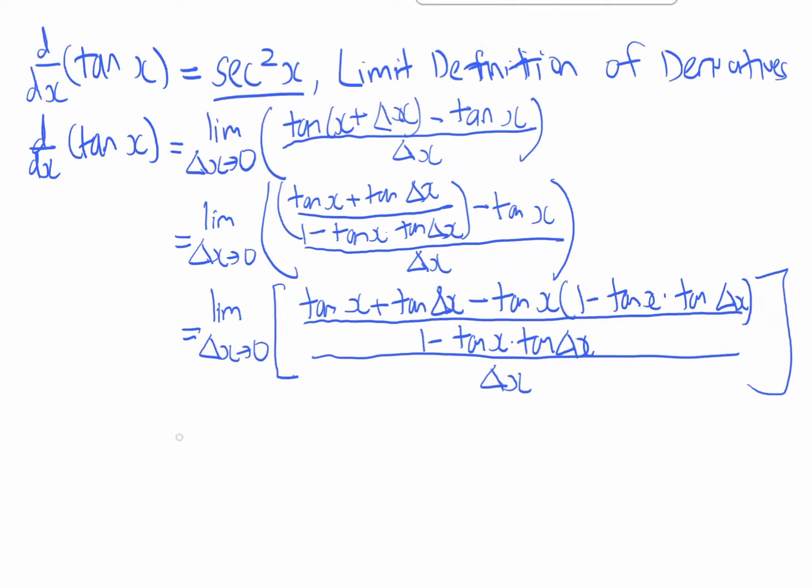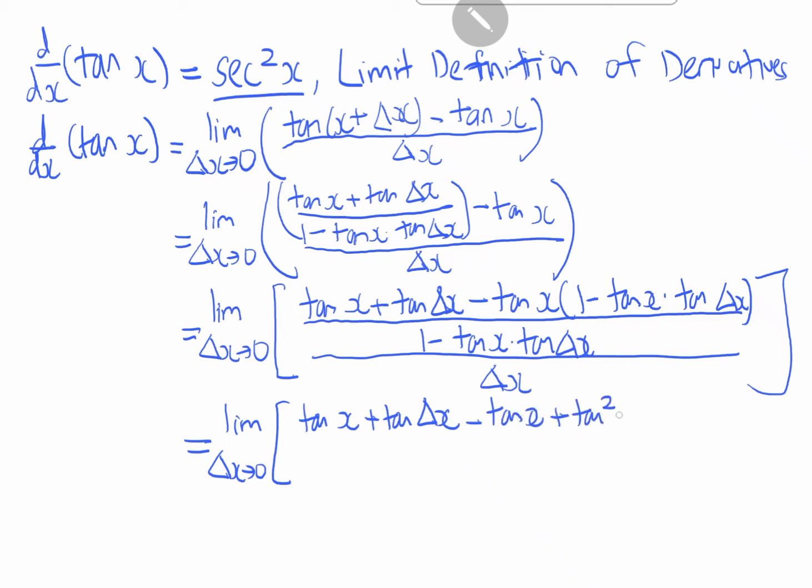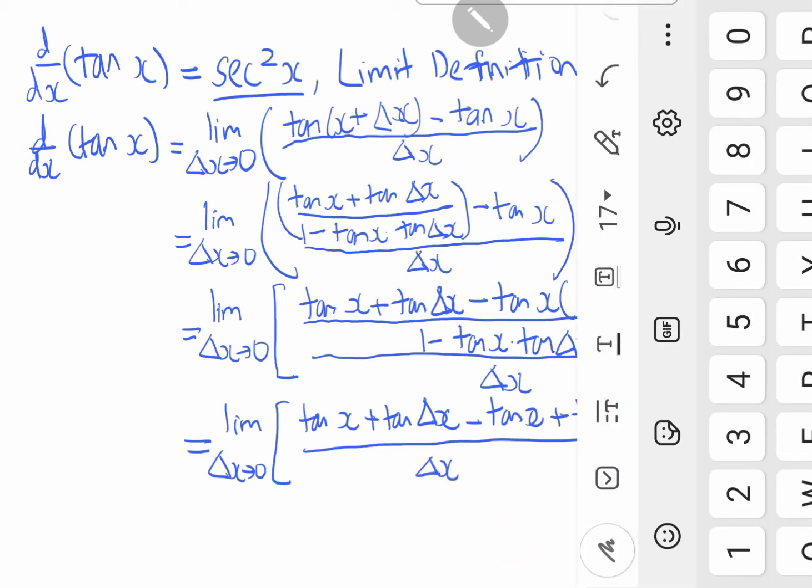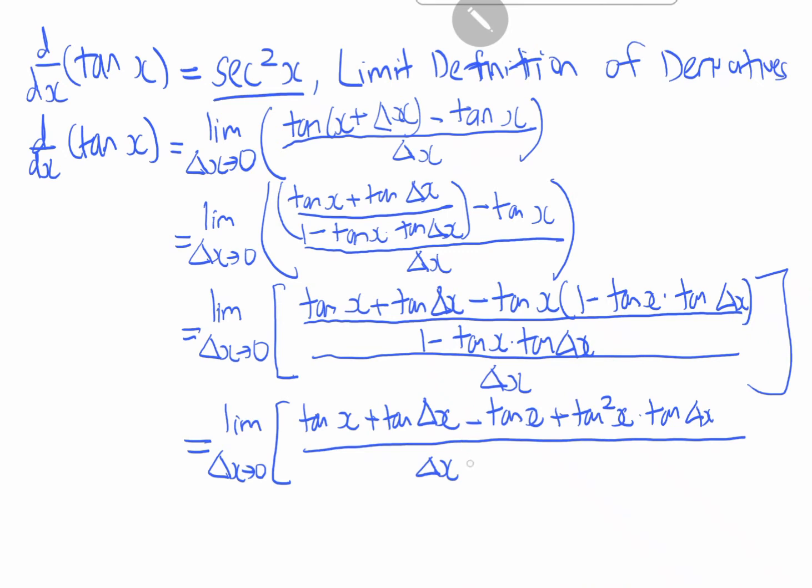So after this, we get, again, limit delta x goes to 0, tangent x plus tangent delta x minus tangent x plus tangent square x times tangent delta x over delta x times 1 minus tangent x times tangent delta x.